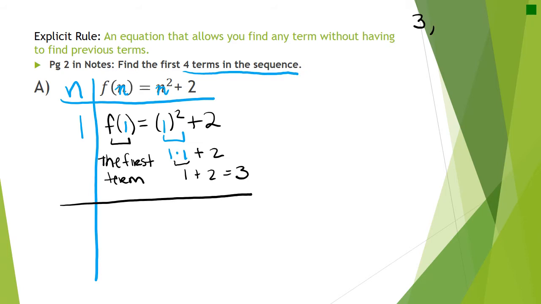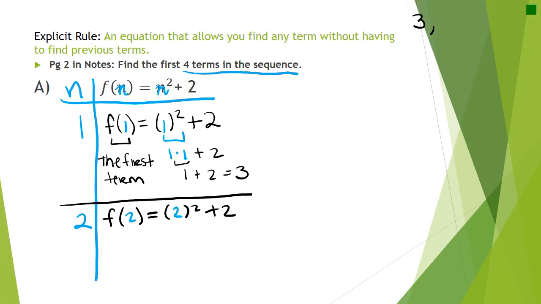Then I'm going to go ahead and find the second term. I'm going to jump around just to show you that the explicit rule can be used no matter what terms you're on. You don't need the previous term, and I'll explain that in the next video. So let's try this second term then. We're going to replace every spot where there's an n with a 2.